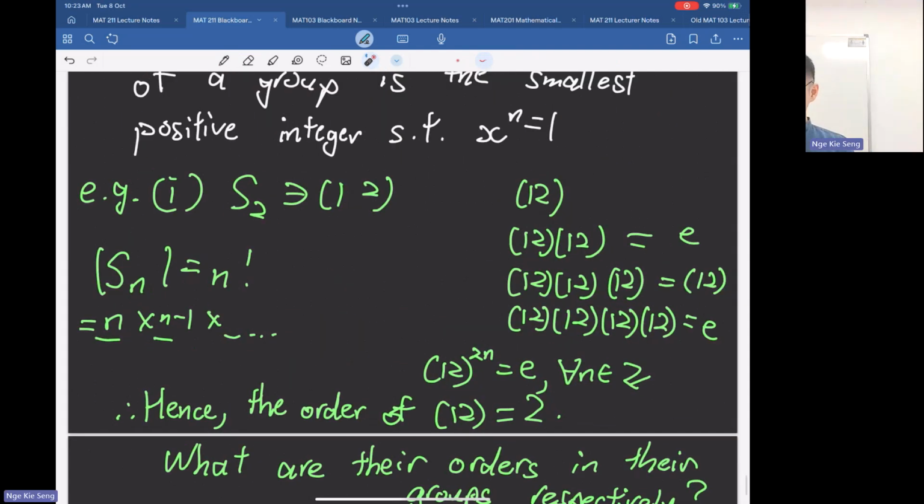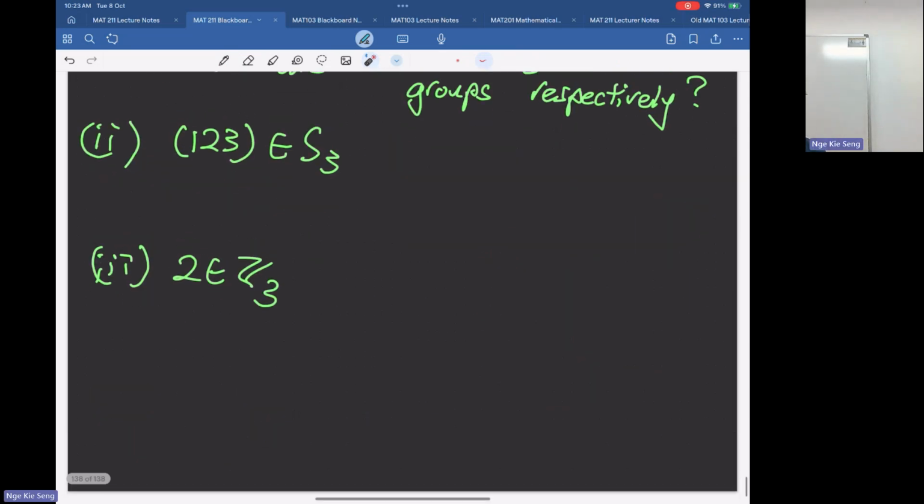You need to check when you get to identity after multiplying n times with yourself.